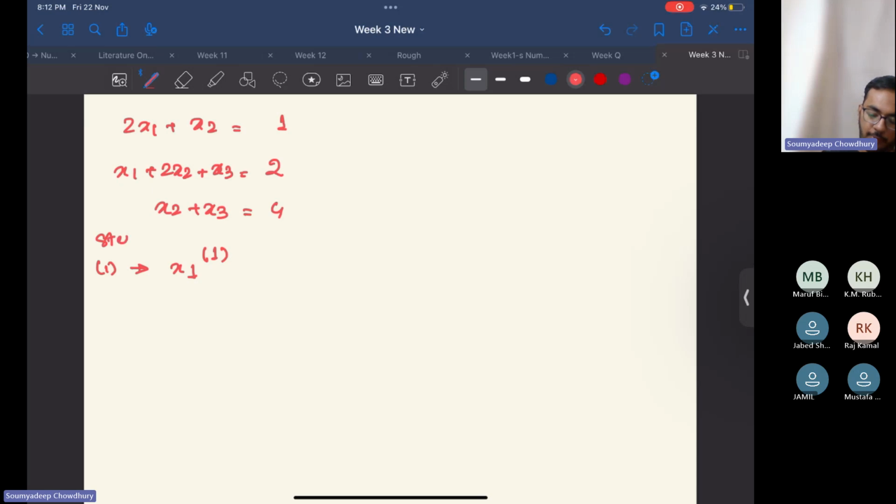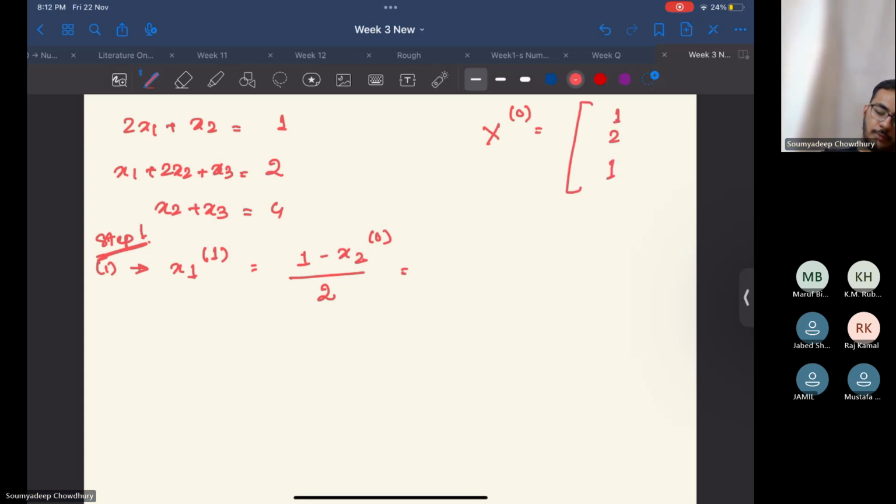This is our step 1. x1 of 1 equals (1 minus x2 of 0) by 2. Your x of 0 is given as 1, 2, 3. So this is x1 of 0, this is x2 of 0, and this is x3 of 0. So we get (1 minus 2) by 2 equals minus 0.5.